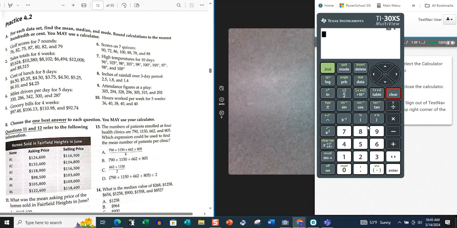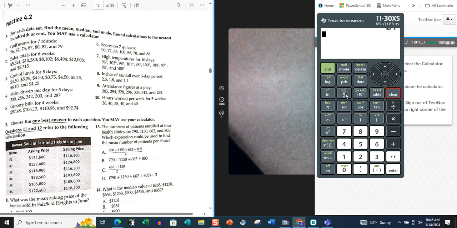So the first thing that I want to do, for number 1, and as a matter of fact, I'm not doing every problem here because it's just going to be repeated. But I am going to do maybe about 5 of these 10. So let me start off with number 1. I'm going to do the mean first.